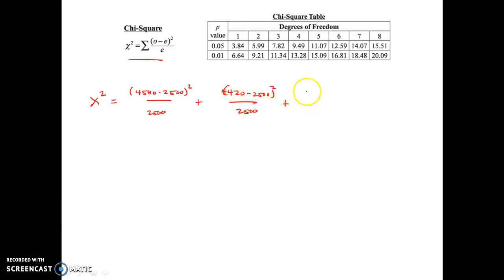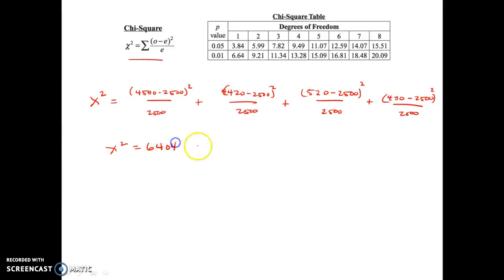Add it to our values for the bronze and normal wings. And when you actually do this math, you're going to notice that your chi-square value is really, really large.